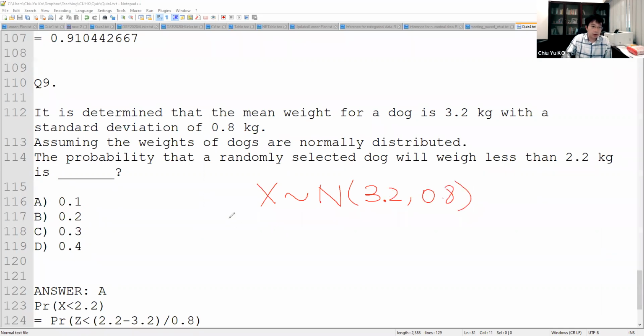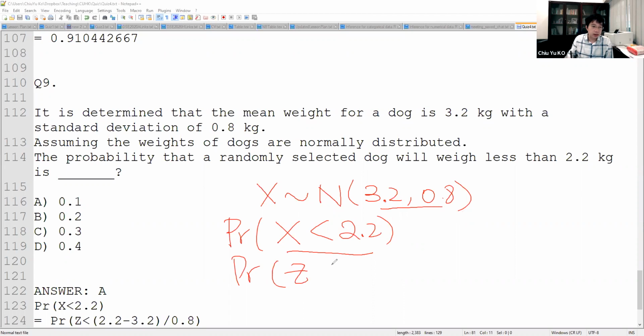The question is asking for x less than 2.2. Either you can use the same way we do, or use the quicker way, or you can convert it to z less than 1.25. Regardless of the way you do it, it will be the same.